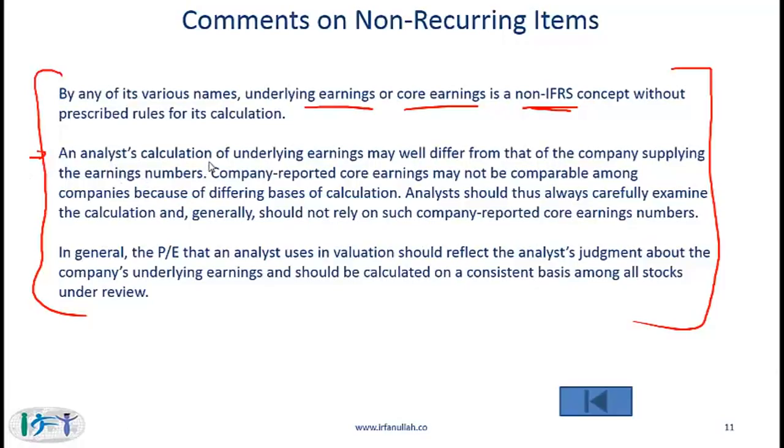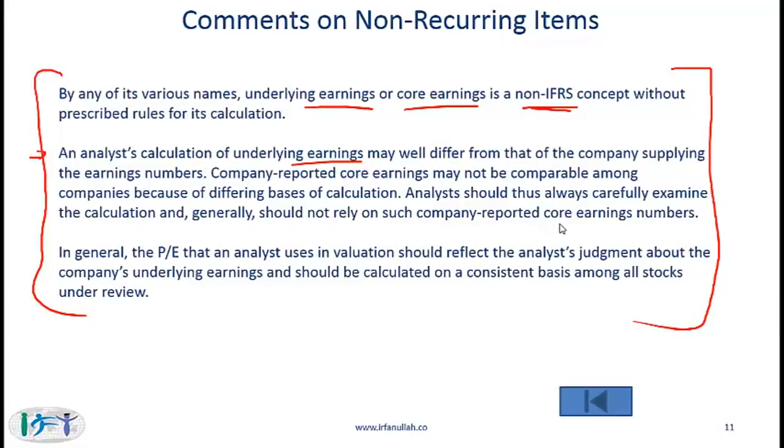An analyst's calculations of underlying earnings may well differ from that of the company supplying the earnings numbers. Company reported core earnings may not be comparable among companies because of differing basis of calculation. Analysts should thus always carefully examine the calculation and generally should not rely on company reported core earnings numbers.